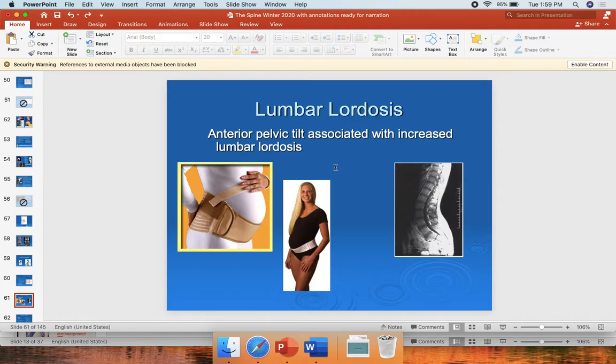That anterior tilt of the pelvis is going to pull the lordosis of the lumbar spine forward, and it's going to create excess lordosis. They have created some bands like this, or some pants. I remember my wife wore some pants that helped support the belly, especially as you get into that third trimester. Or if someone just has excess weight, a lot of times they'll display excessive lordosis as well.